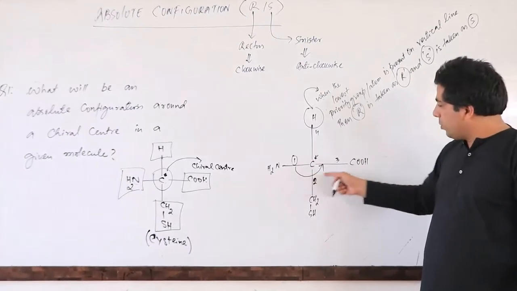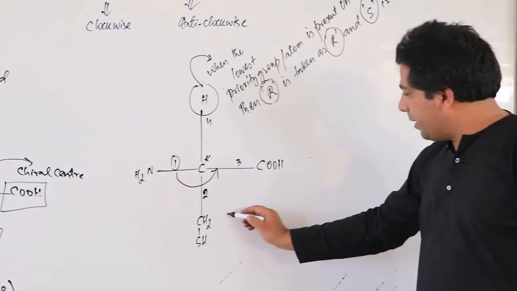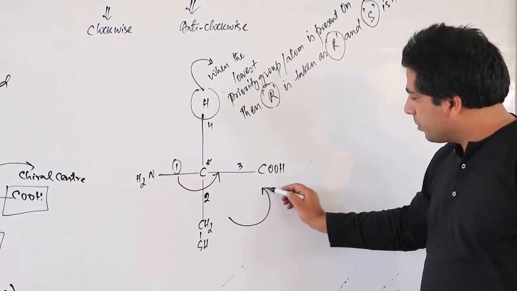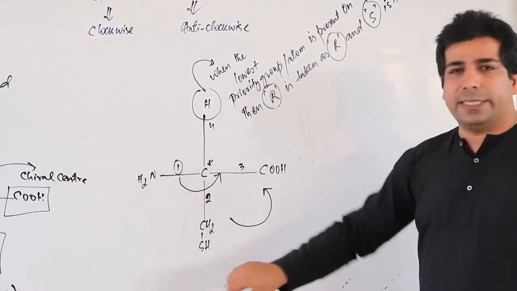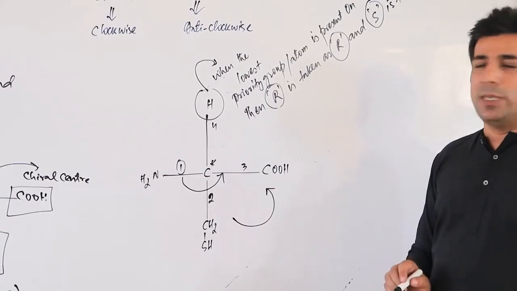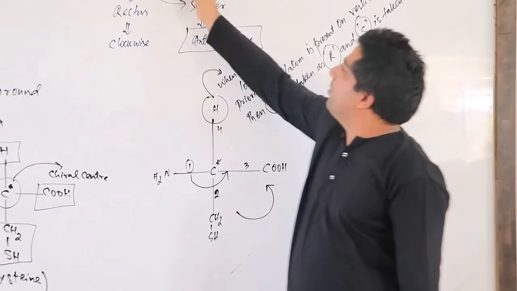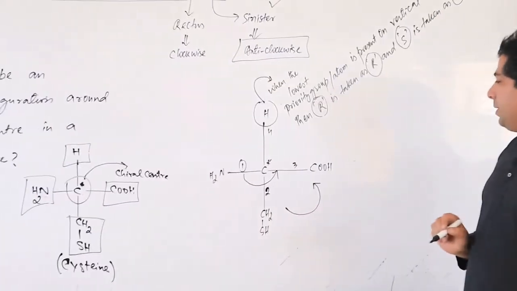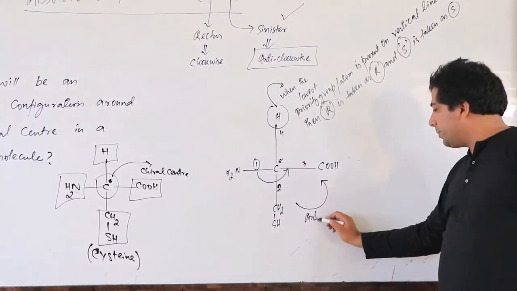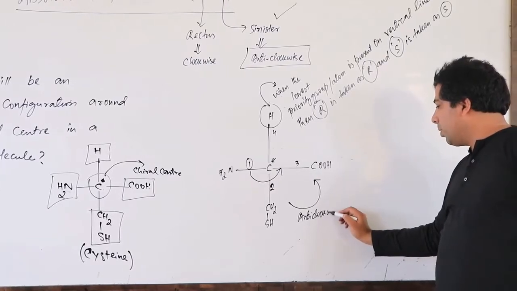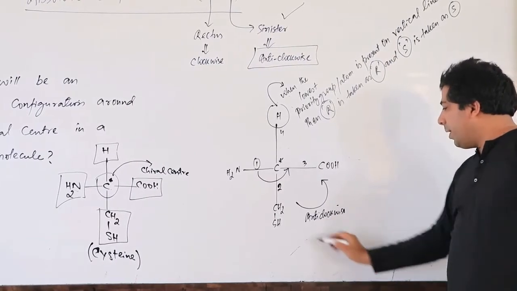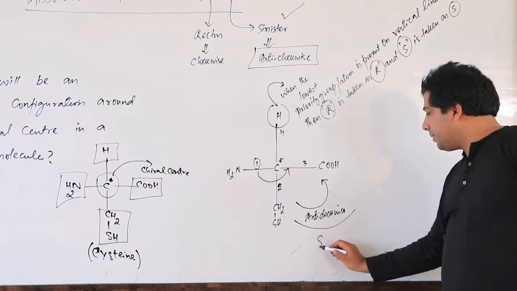If you look at 1 to 3, you are basically moving like this, and this movement is basically anti-clockwise. And what is anti-clockwise, my dear friends? Sinister. Sinister means S. So you are moving anti-clockwise, and the meaning of anti-clockwise here is S.